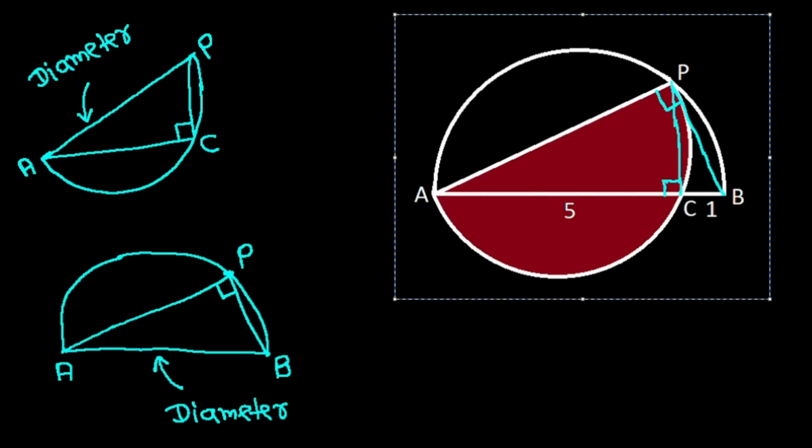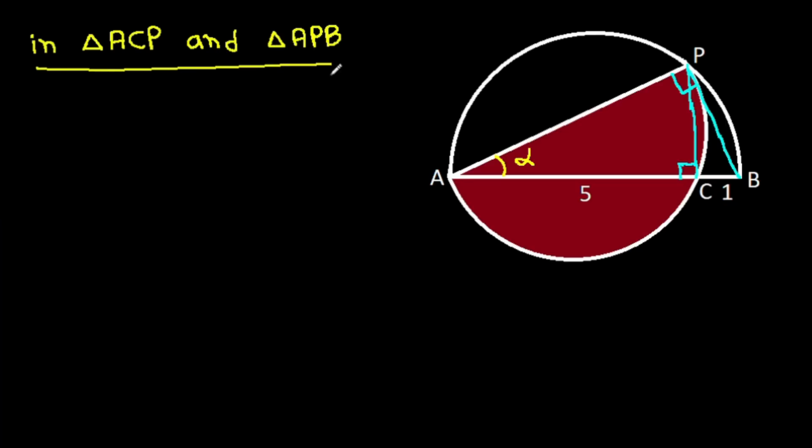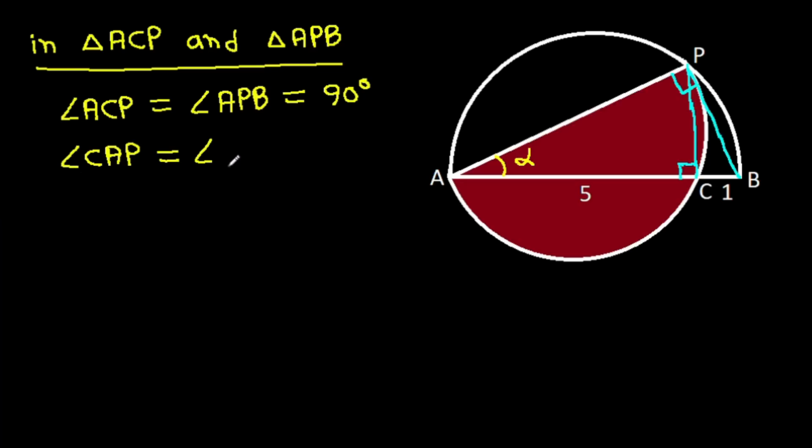Now suppose this angle is alpha. Then in triangle ACP and triangle APB, we have angle ACP equal to angle APB, that is 90 degrees, and angle CAP equal to angle PAB, that is alpha.